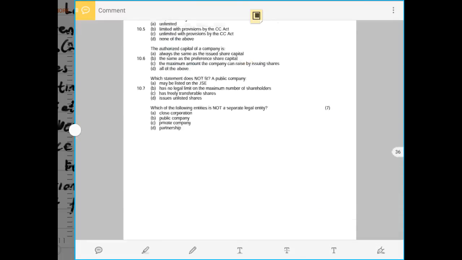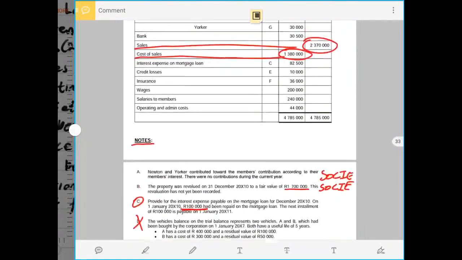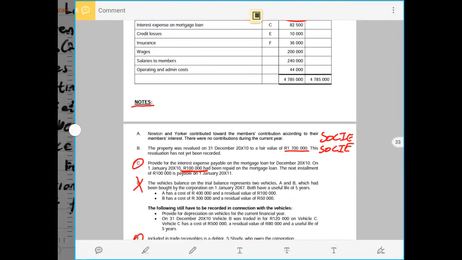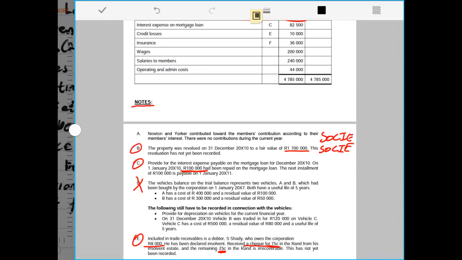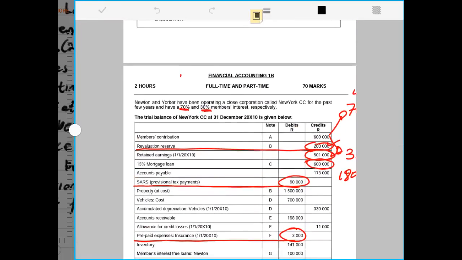Revaluation reserve: there was a land revalued during the year. That was adjustment number 2. We were told that the property was revalued on the 31st of December 2010 to a fair value of 1,700,000 rands. In the trial balance, the value of land and building of the property was 1,500,000 rands.